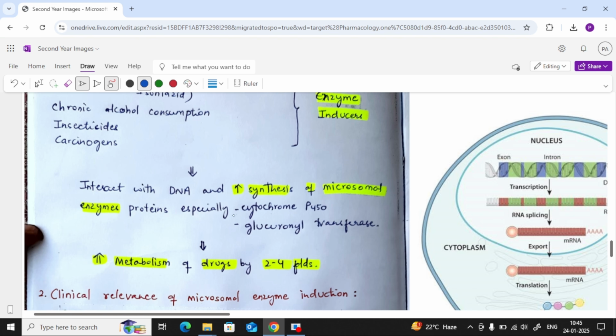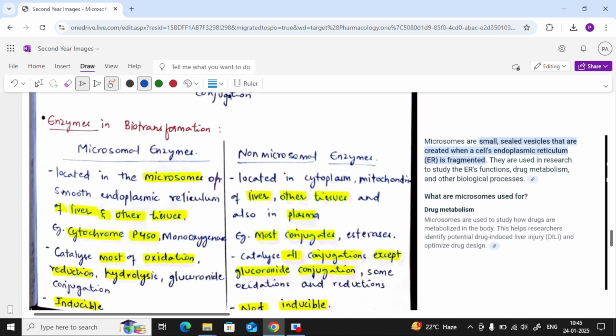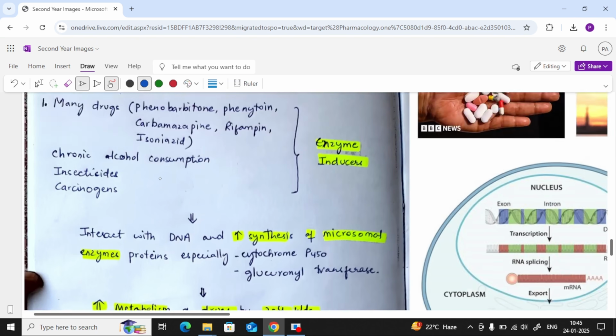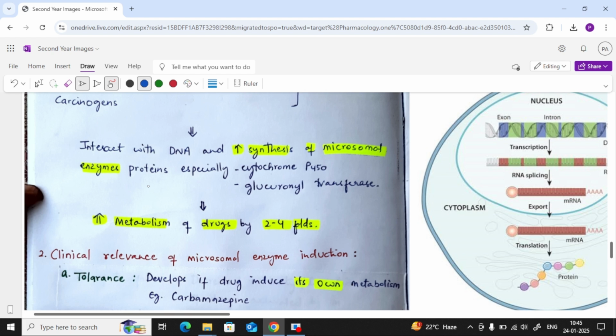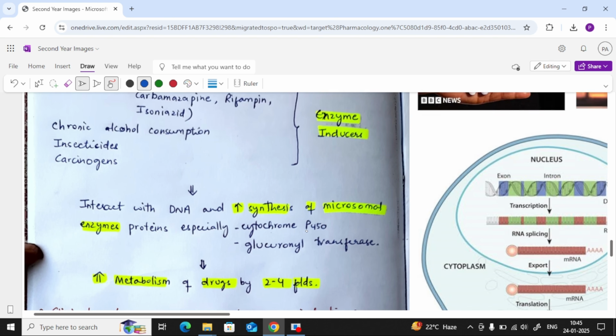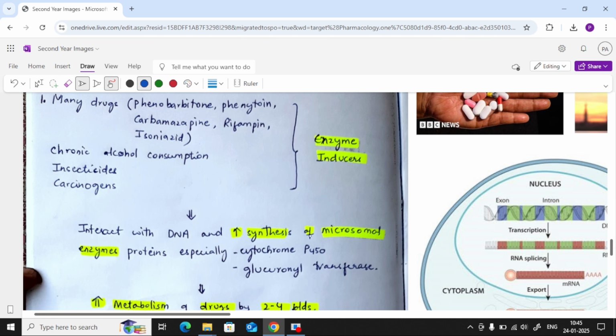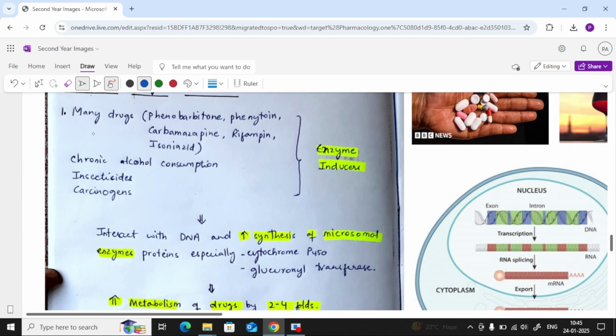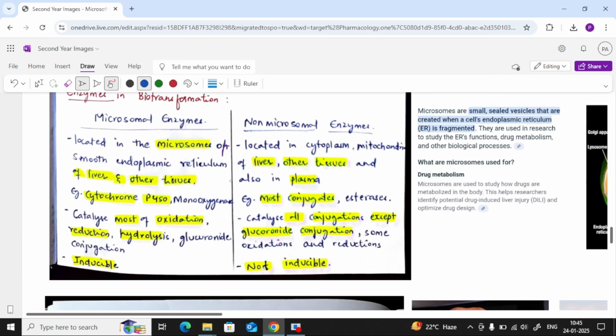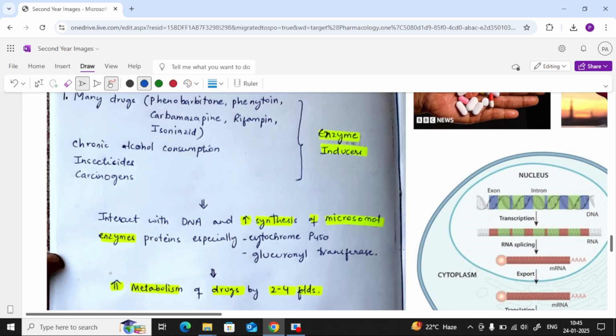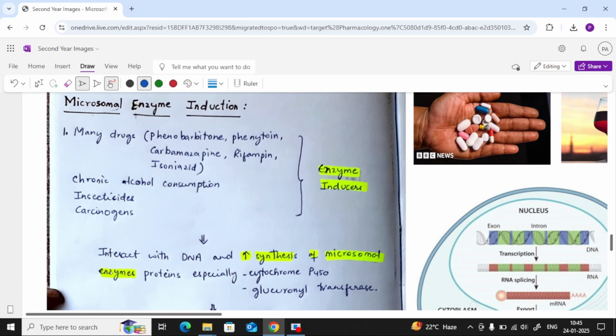So we are getting more of these microsomal enzymes, and this increases the metabolism of drugs by 2 to 4 folds. So microsomal enzyme induction means some drugs or substances increase metabolism, mainly by acting on microsomal enzymes. That is the meaning of being inducible here. Understood? This is the meaning of microsomal enzyme induction.